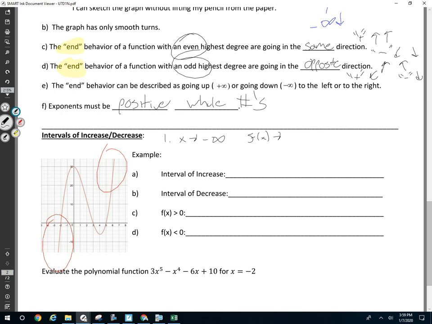I'm giving you the graph. I want you to answer this question. If x is approaching negative infinity, what's f of x doing? I'm calling on somebody randomly. Please discuss so that everybody's got the right answer. You got it? Don't just sit there, talk to somebody.